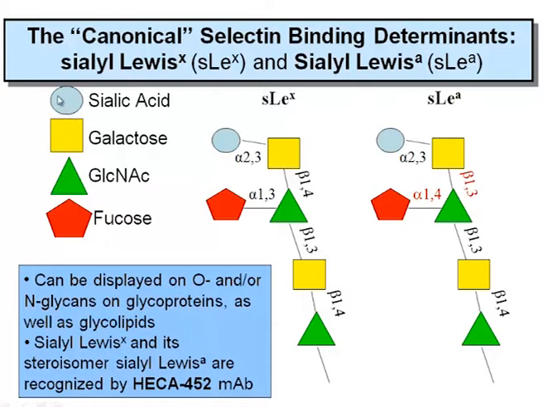So glycolipids can function as ligands for E, L, and P-selectin. Sialylated Lewis X and its stereoisomer sialylated Lewis A are each recognized by the monoclonal antibody HECA452, which makes that monoclonal a useful reagent to identify potential selectin ligands.